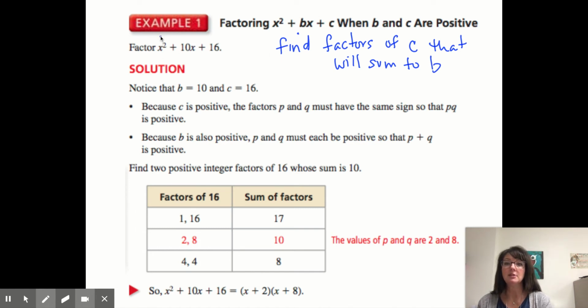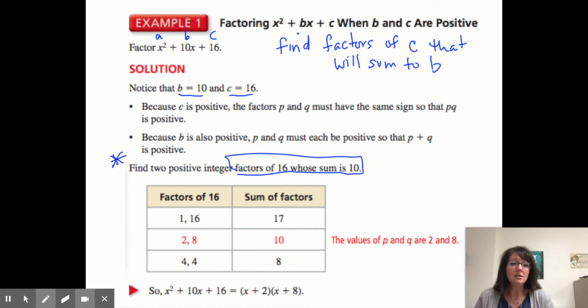So remember we said this is our A term, our B term, and our C term. So we've identified that B is 10 and C is 16. So we need two integers right here, looking down here, find two positive integers that are factors of 16 and whose sum is 10. So you get to puzzle it out.